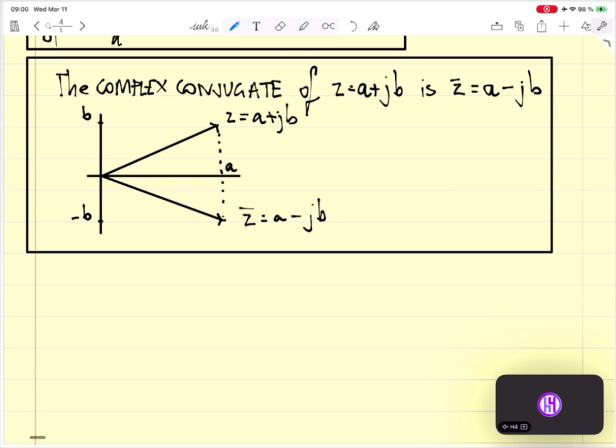So what happens if we multiply Z times Z conjugate? Well, it happens the following thing.